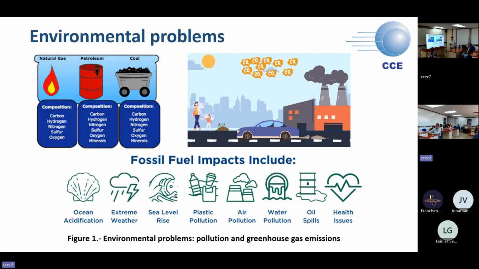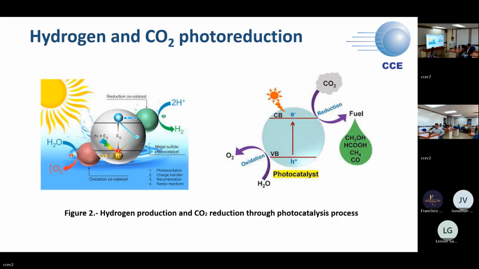Well, we all know about the environmental problems that we have not only in Mexico but globally now. This is related to the emissions from using fossil fuels mainly. So we have to do something. There are a lot of technologies that follow this tendency to address this issue.